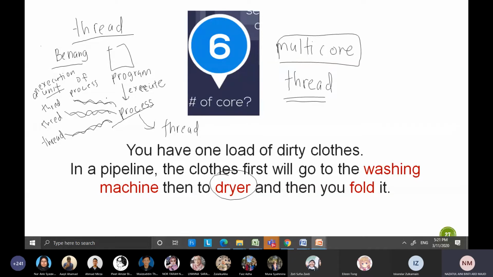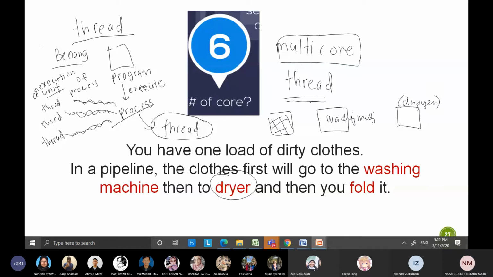Our modern computers now support this if they use multi-core. Okay, so I would like to refer to these examples. Let's say you have one load of dirty clothes, a washing machine, and a dryer, or you hang, but in this case a dryer.